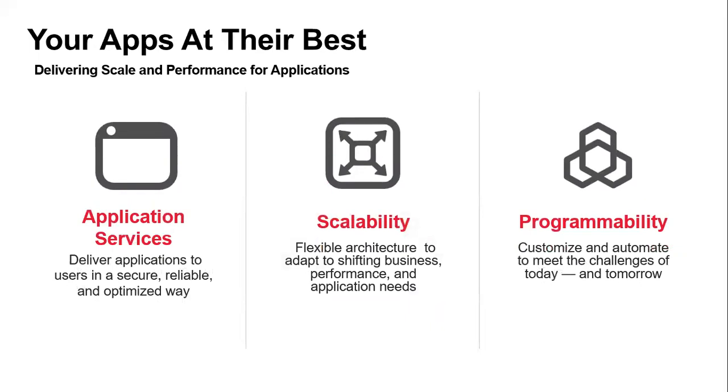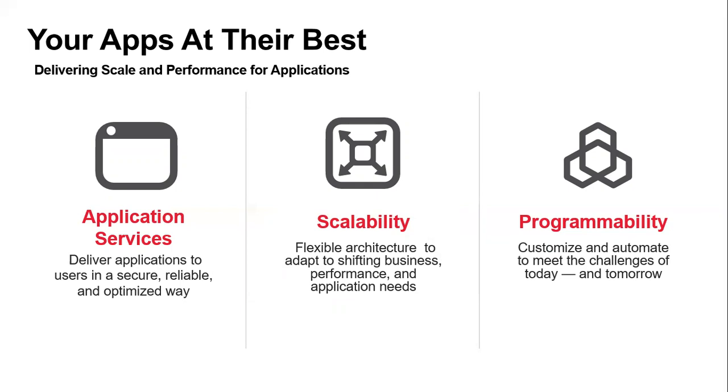So another one of the viable functionalities of F5 is to ensure that your apps perform at their best, which means that the application services are being optimized based on the settings done on F5.